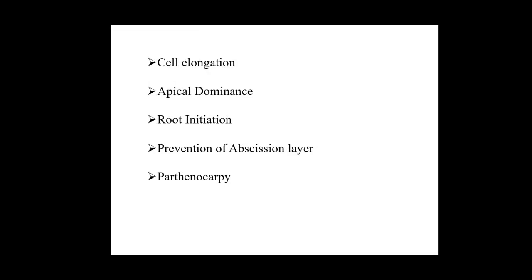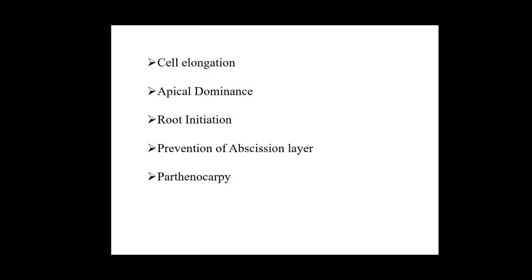The concentration of auxin which is inhibitory to root growth causes initiation of adventitious roots from the nodes or basal portions of the stem. For this reason, auxins, particularly IBA, that is indole butyric acid, and NAA, that is alpha and beta naphthalene acetic acid, are used by plant growers to induce root formation in stem cuttings and cut leaves.